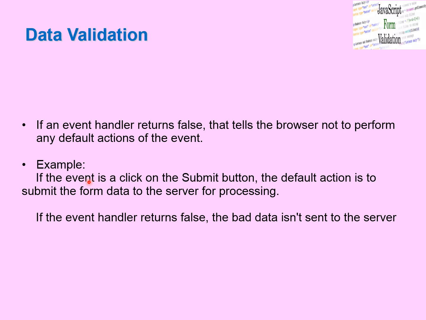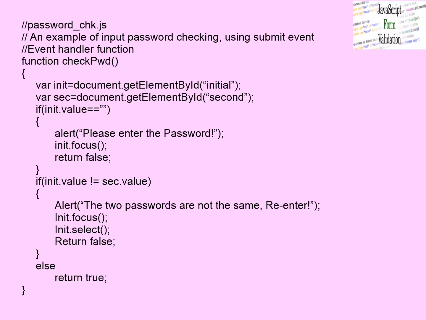For example, if the event is a click on the submit button, the default action is to submit the form data to the server for processing. If the event handler returns false, the bad data is not sent to the server. So if the event handler produces a false value, the actions related to the event do not happen. Now we have an example.